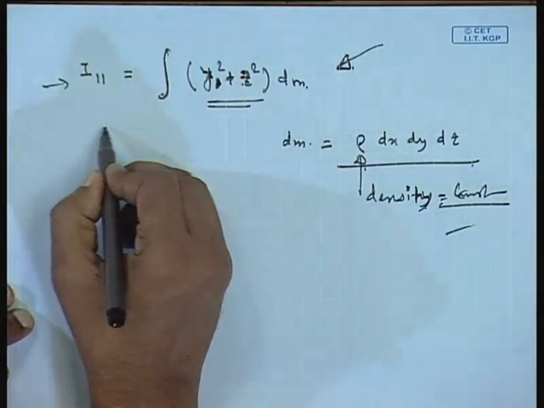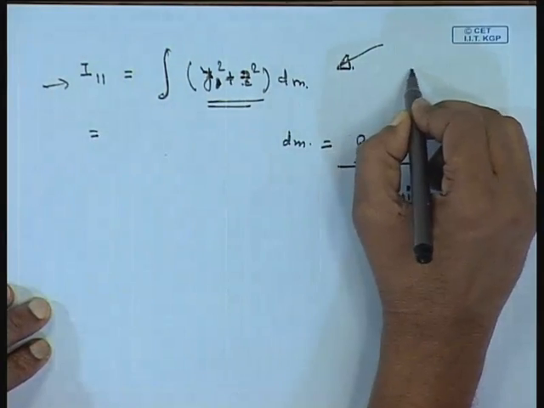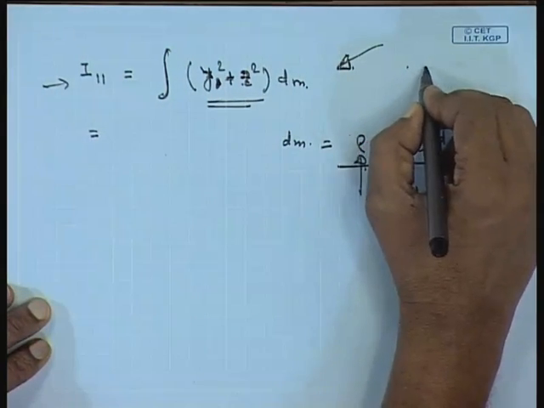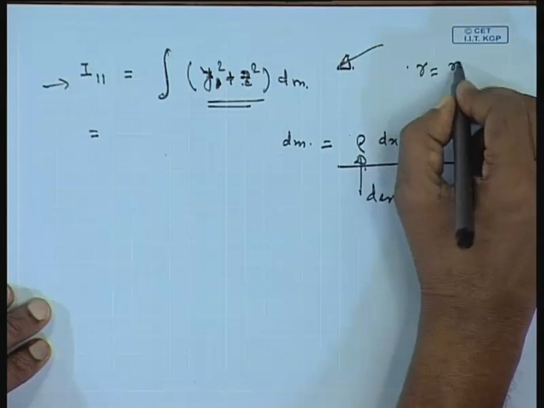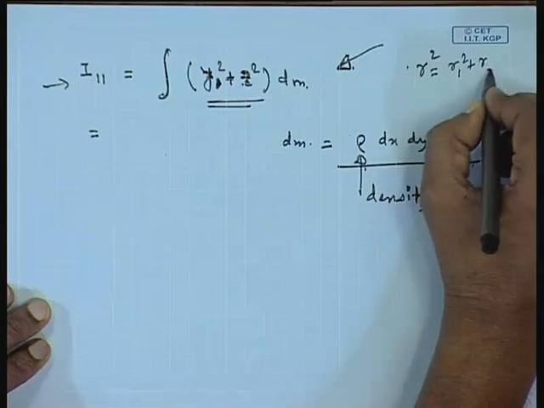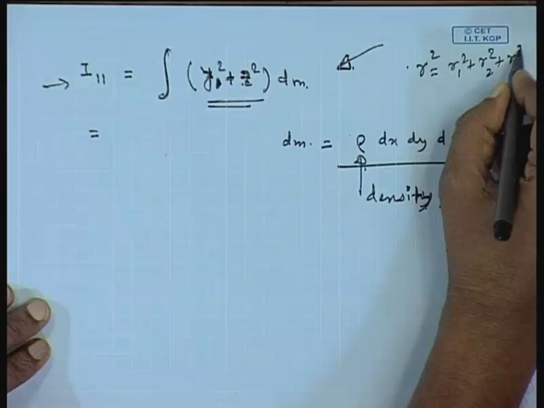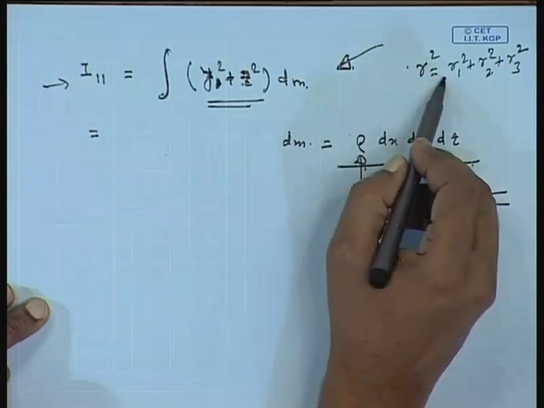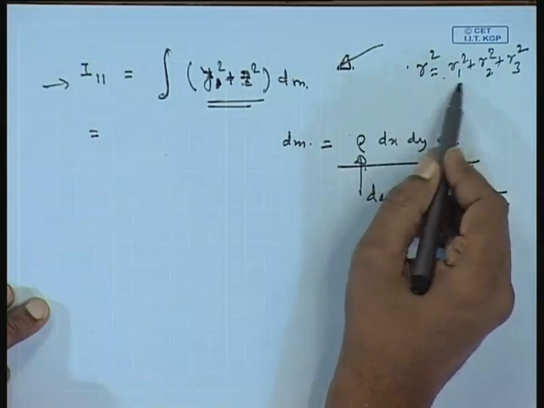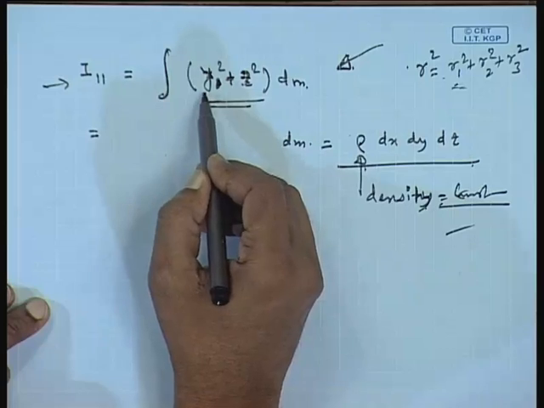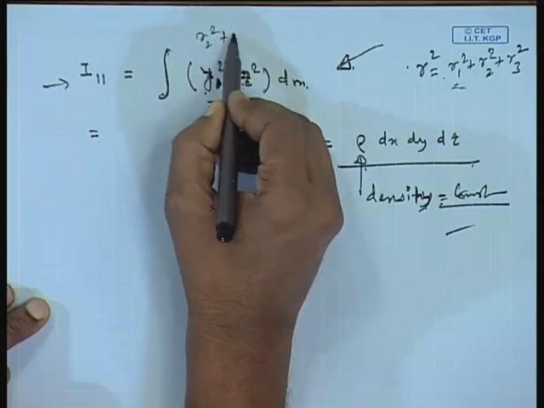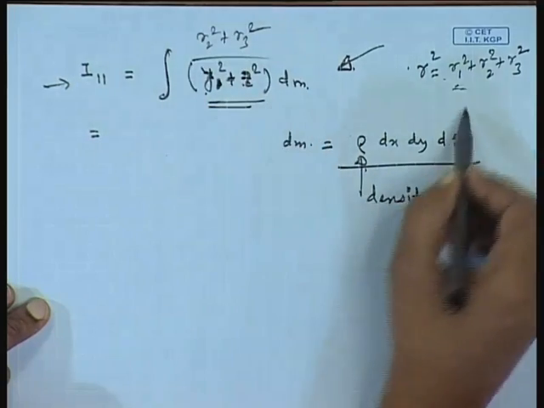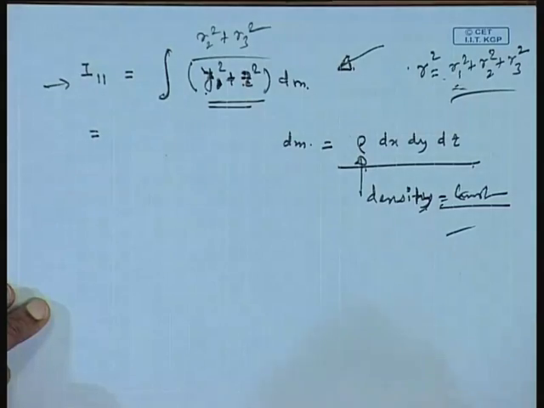Or the same thing you could have written in terms of r, with r2 square plus r3 square, which are the components along the E1, E2, E3 axes, and you could have developed the whole thing that way.